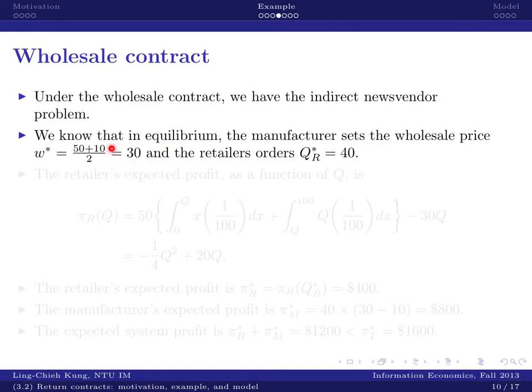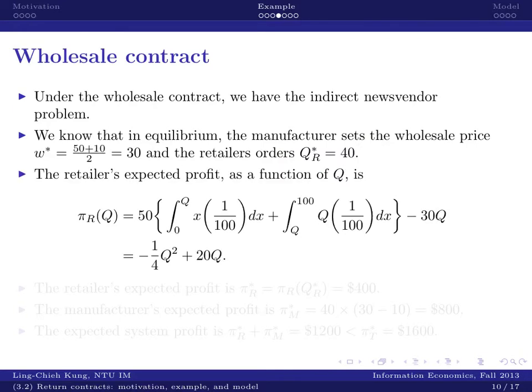Given this wholesale price, the retailer is going to order 40 units. And if you still remember what we did in class, this is indeed what we have shown. The retailer will order just 1/2 of the system optimal quantity.